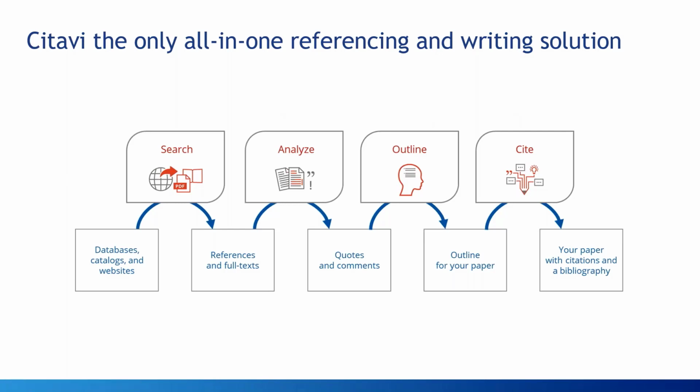This is one of the big things for me with the writing process that it does that other reference management software doesn't: it'll help you create an outline for your article, your dissertation, your book, to help you organize that. And then of course it helps you cite, and I think it's over 11,000 citation sources.